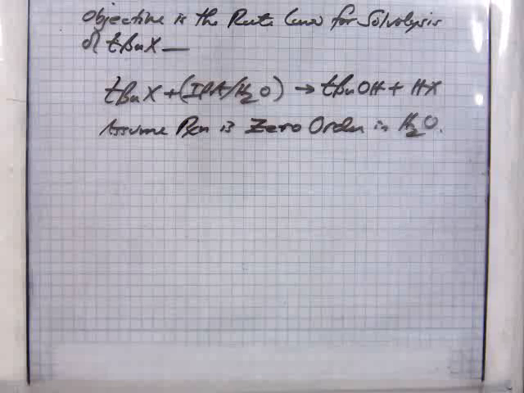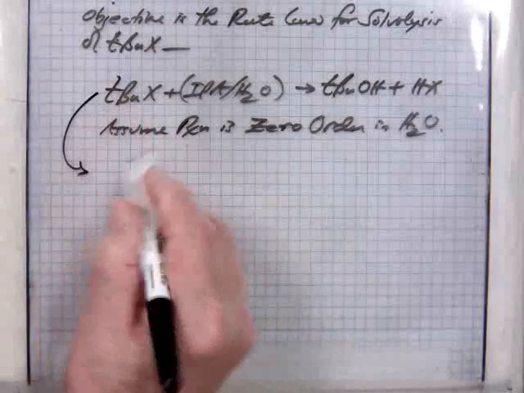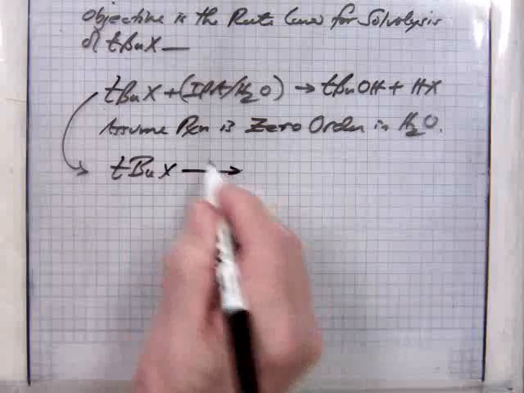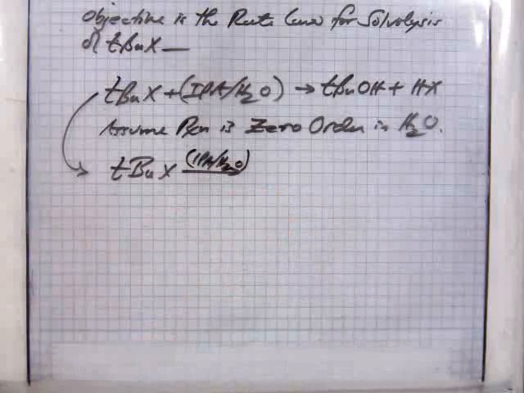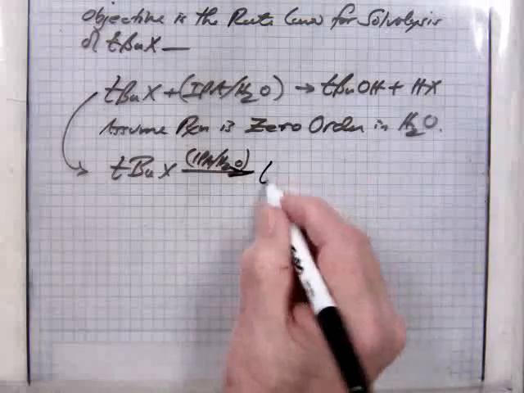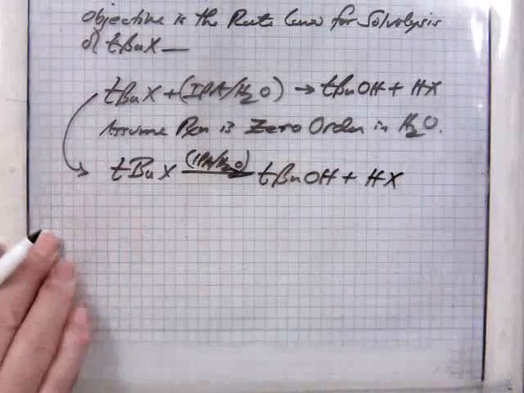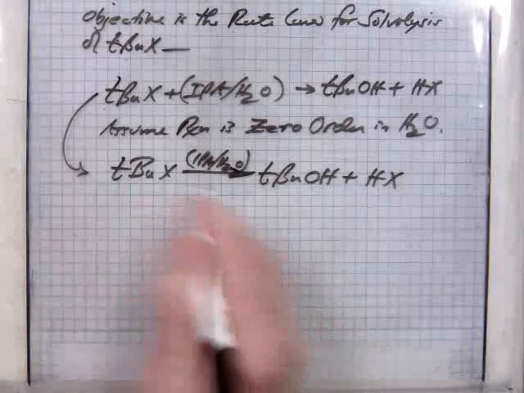It's only there as a solubility factor for the T-butyl halide in water. So, therefore, the reaction reduces to T-butyl halide, IPA, H2O. So we'll need to put it up there, let people know what we're working with. Goes to T-butyl alcohol plus the HX, okay? So up to now, you should follow me pretty well, right? Now, write the empirical rate law for this reaction.